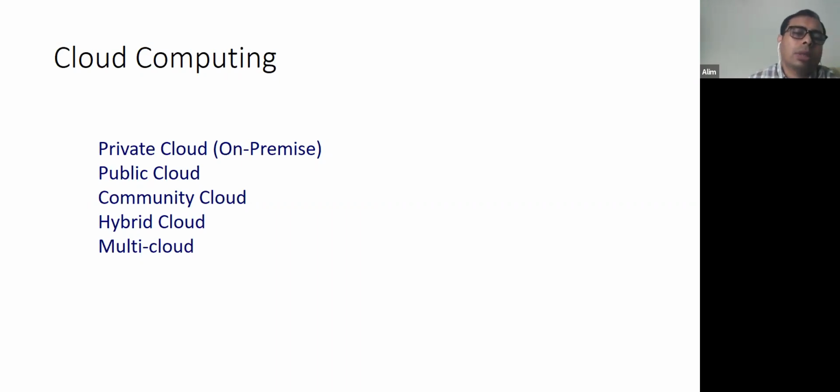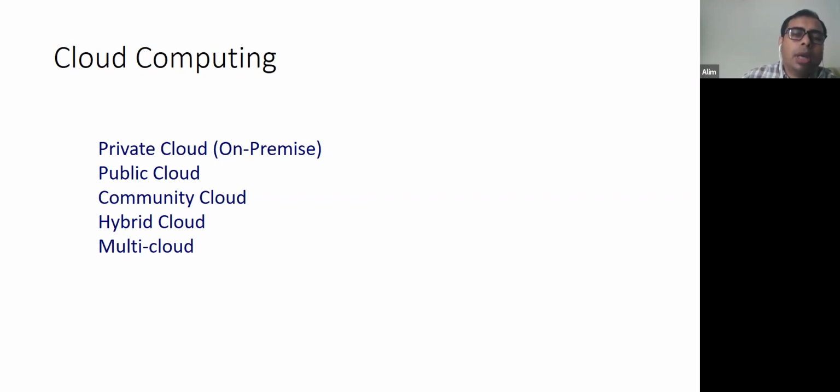That is why it is called public. And then we can have community cloud. Community cloud means a group of people or a group of organizations. Say there are five organizations that come together to build a cloud, and they will use it. That is what community cloud is.